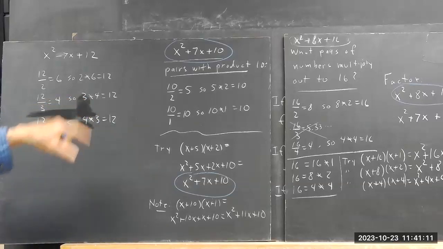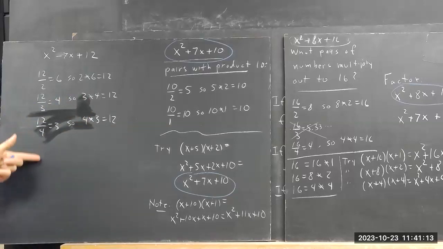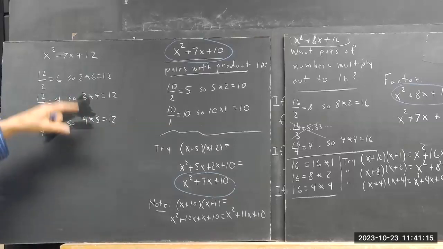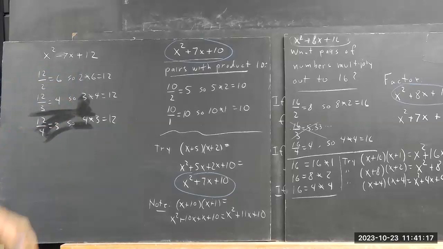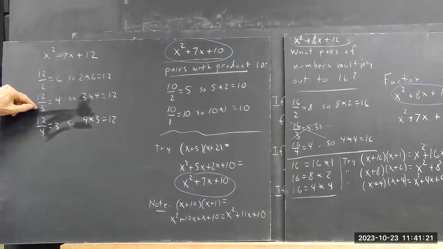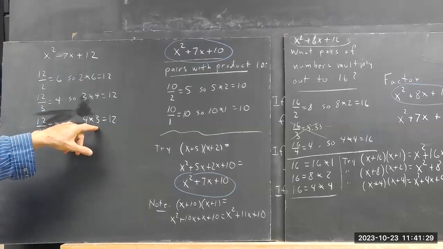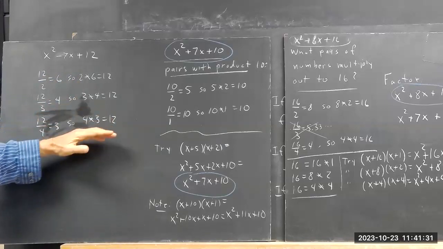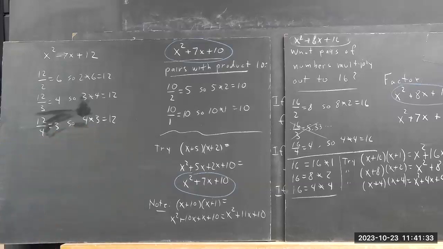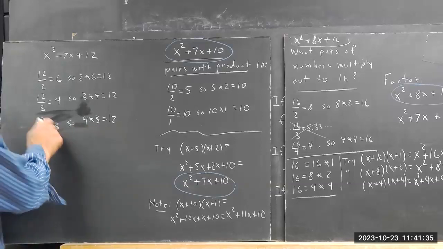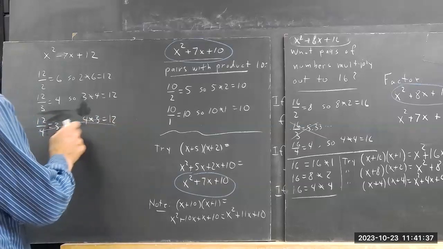And if we tried to divide 12 by any other number, we would just repeat something that we already got. So if we divide by numbers in order, eventually we get a pair that we've already gotten, and we can stop at that point. Okay, so I'm just going to cross that out. This is redundant.